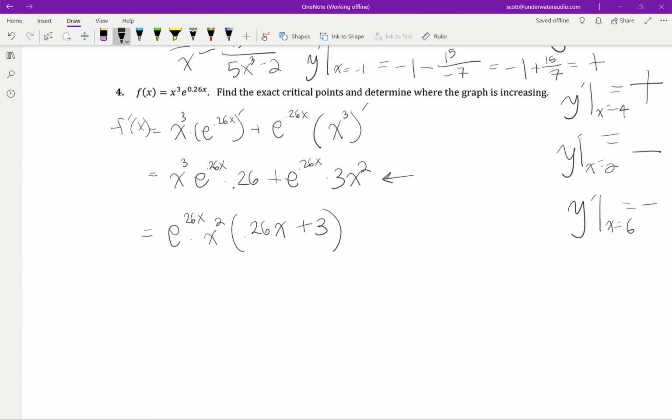So it says to find the critical points, and the critical points are wherever the derivative is equal to 0 or not defined. So I'll set this equal to 0. And so there's 3 things multiplying together, so I can set each one equal to 0.